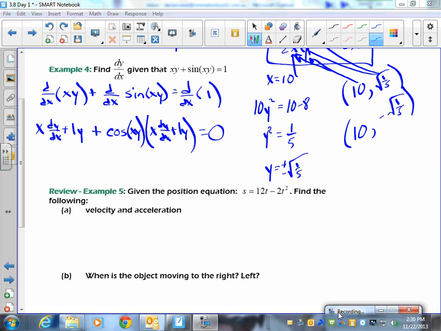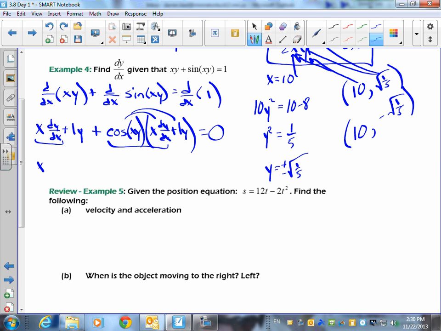Okay. Then keeping in mind our goal is to get all the dy dx's by themselves, I'm going to group them. Be careful with your distribution there. So this is going to be x dy dx plus cosine xy dy dx. I like putting parentheses around the dy dx's.